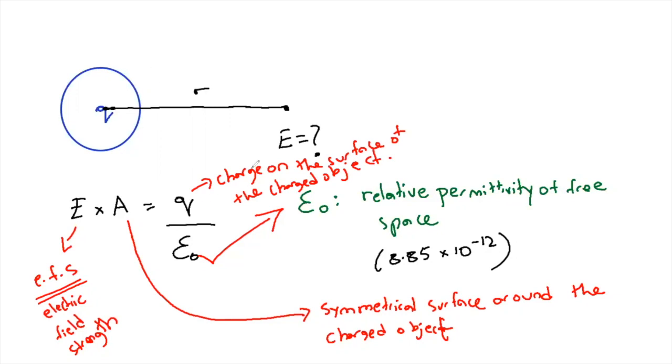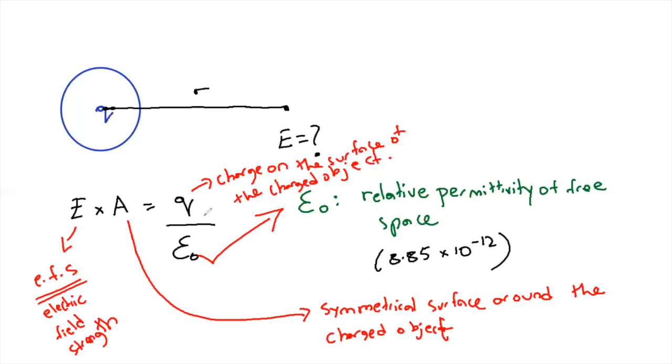Now, this is a formula that I literally just stated to you. We're not supposed to derive this at this moment. So this is electric field strength. This is area. If you multiply E with A, you're going to get Q divided by ε0. This ε0 is the relative permittivity of free space, and I'm going to explain this to you in a few seconds.